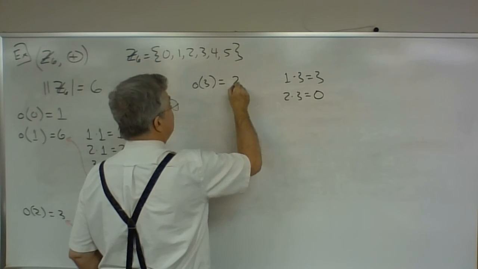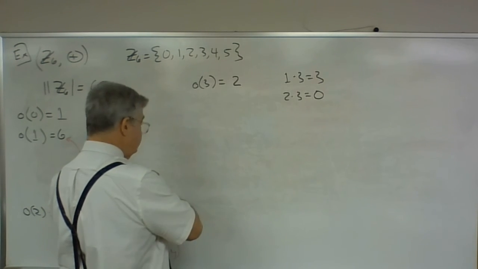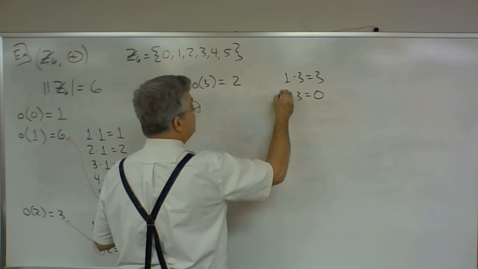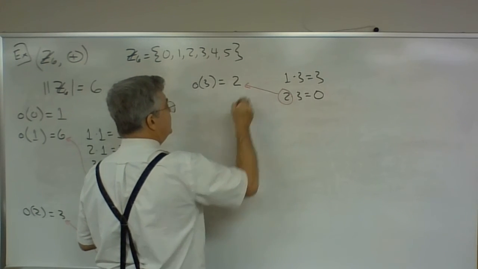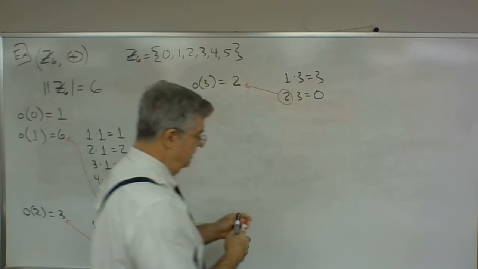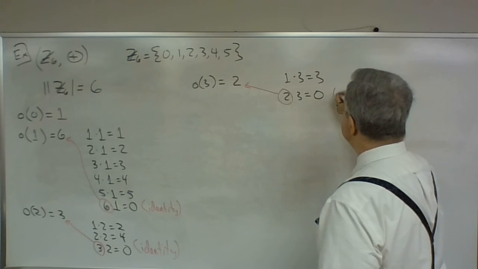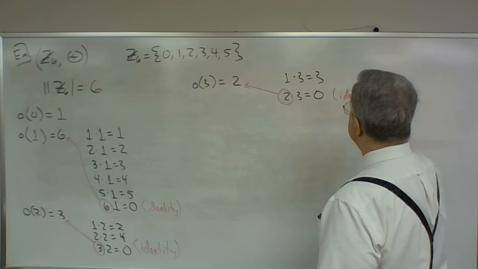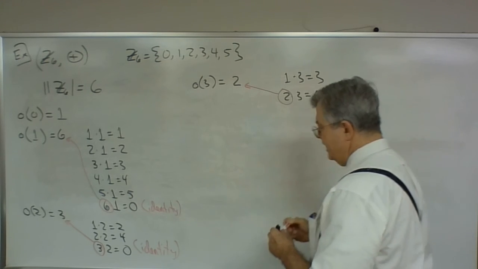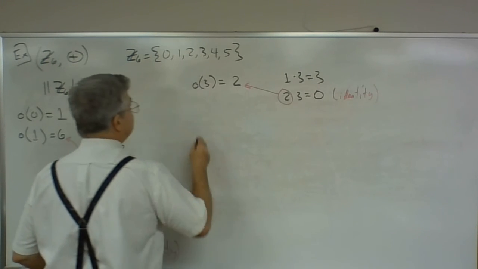Holy moly, but we have it already. 2 is the least natural number that we can multiply 3 by to get the identity. Well, that was easy.